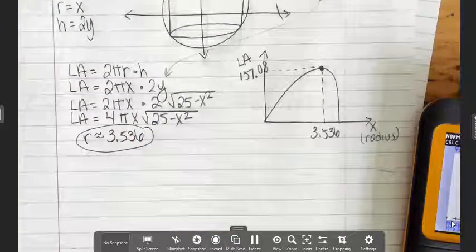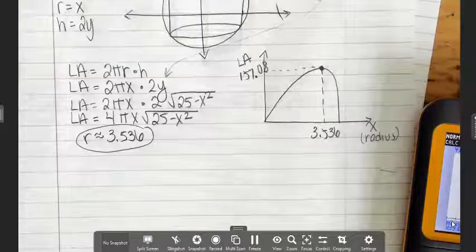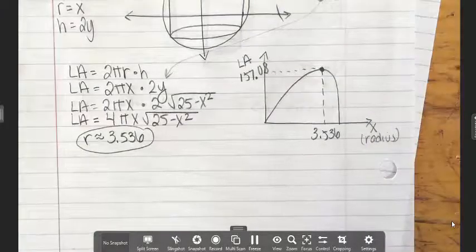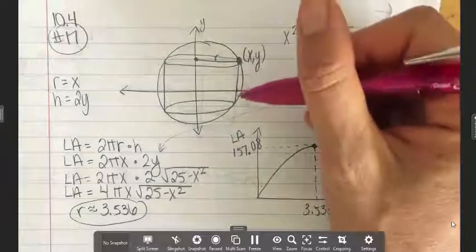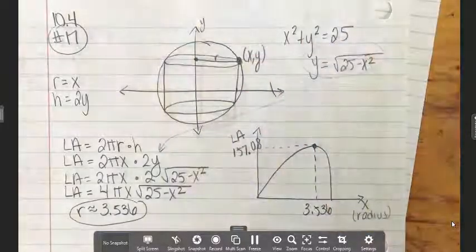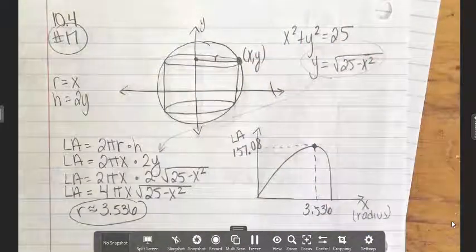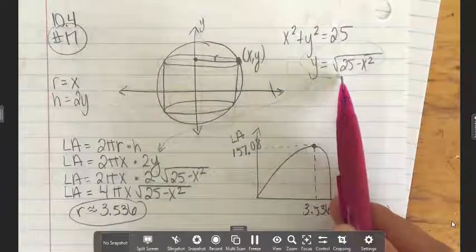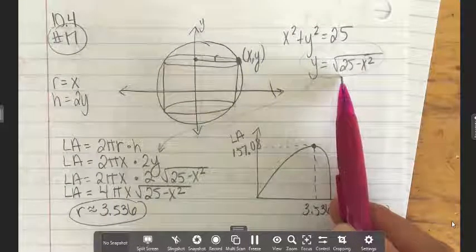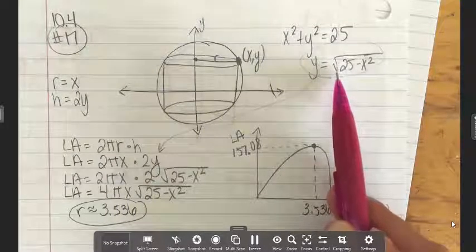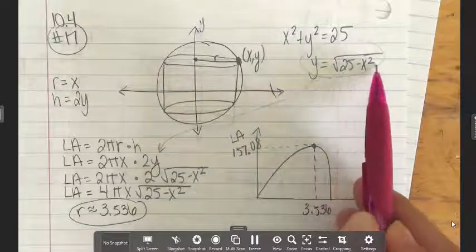And then I need the altitude of the cylinder with the maximum lateral area. Well, the altitude is really just the height, right? And so my height here, we found an expression for that, which is our y value, the square root of 25 minus x squared.